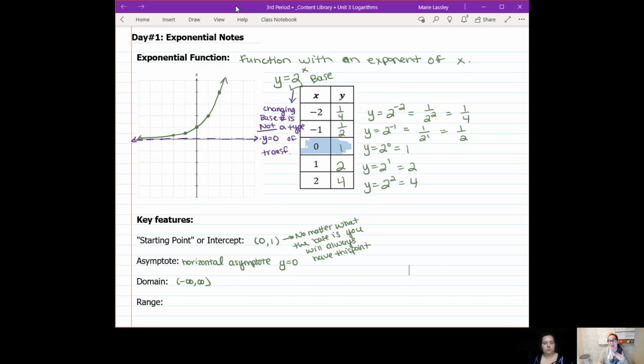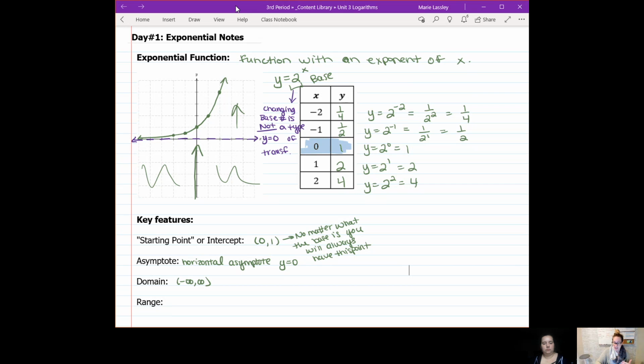All right. Now our range is going to be slightly different because we don't cover all the y values, right? If we start our graph from the bottom and move up, we don't have any y values in this bottom section. Our graph doesn't go down there. Our first y value that we really come to is right around this asymptote. Now we're never going to actually cross or touch this asymptote, but it's where our graph starts and then continues to move up from there.